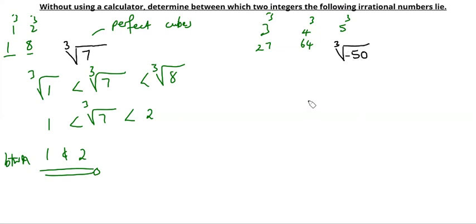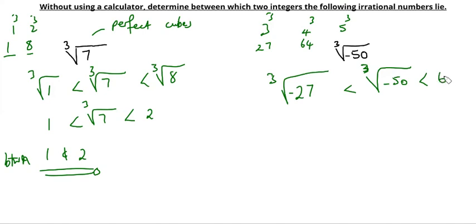So in this case, we're going to have the cube root of 27, and don't forget the negative inside. It's less than the cube root of negative 50, which is less than the cube root of 64.